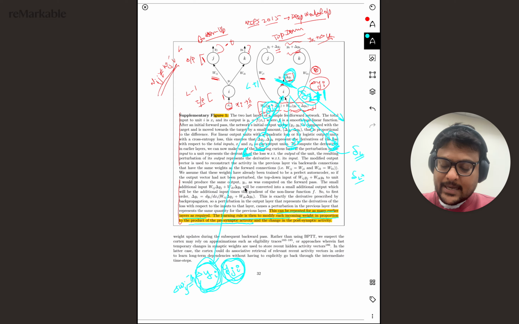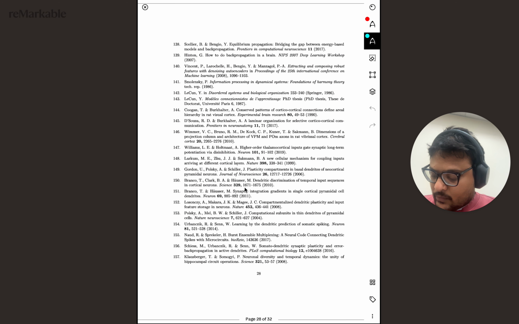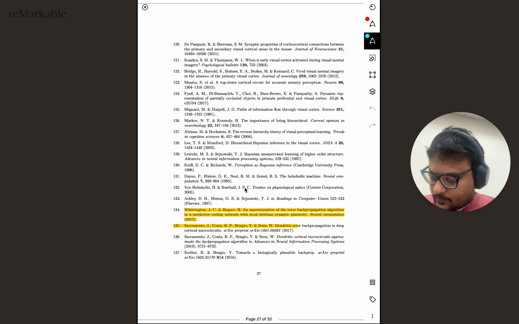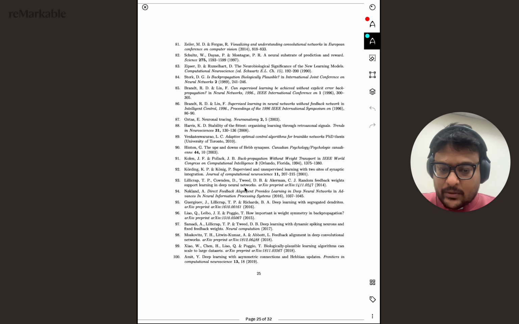That remains a key question, and we can easily solve that. And for that you can look at this equation, which is pretty interesting. So I will talk about that in the next video.